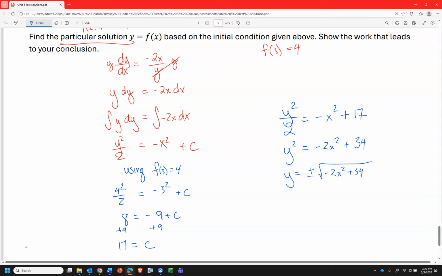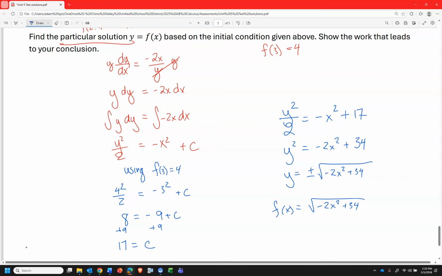Now, it happens to be that we choose the positive version. I think plenty of you got lucky and forgot to check the negative. But you might be wondering, well, how do I check the negative? And the answer is we're supposed to get f of 3 is equal to 4.